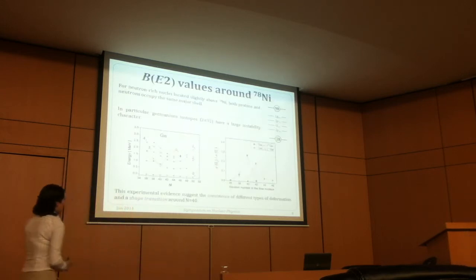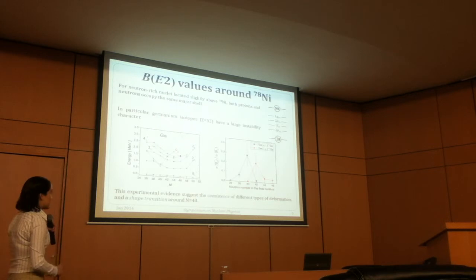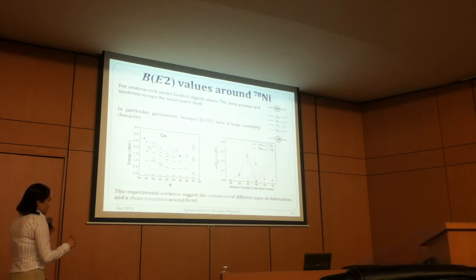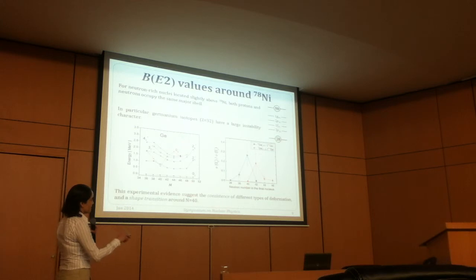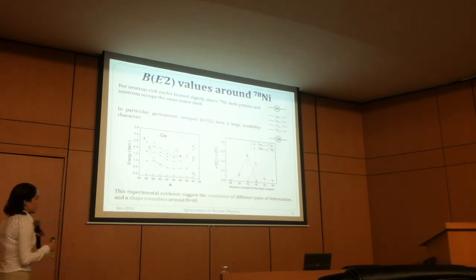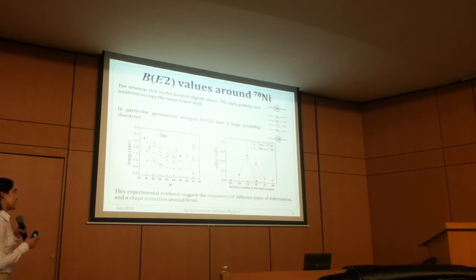For the nuclei around mass 80, we had scenarios where both neutrons and protons occupy the same major shell, that is 28 to 50, and these characteristics give the nuclei a very large instability character.